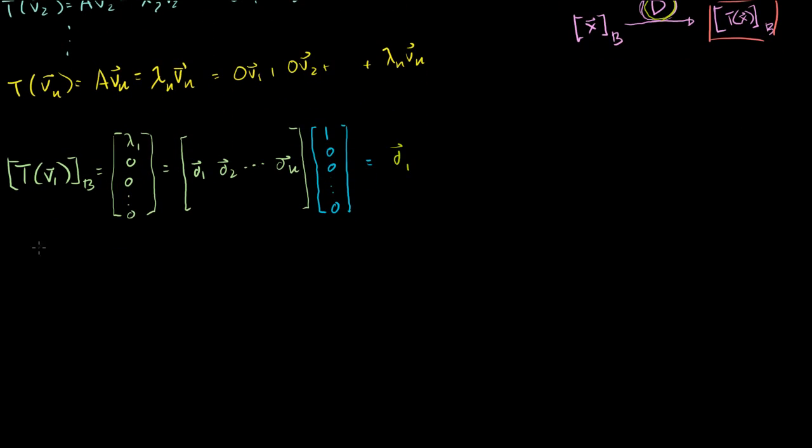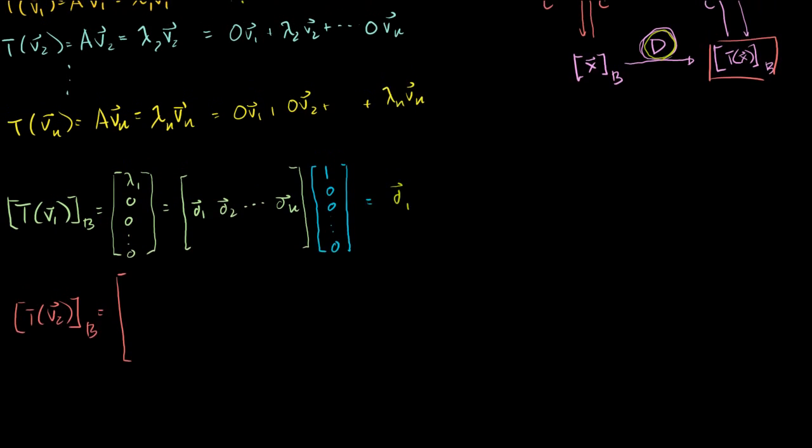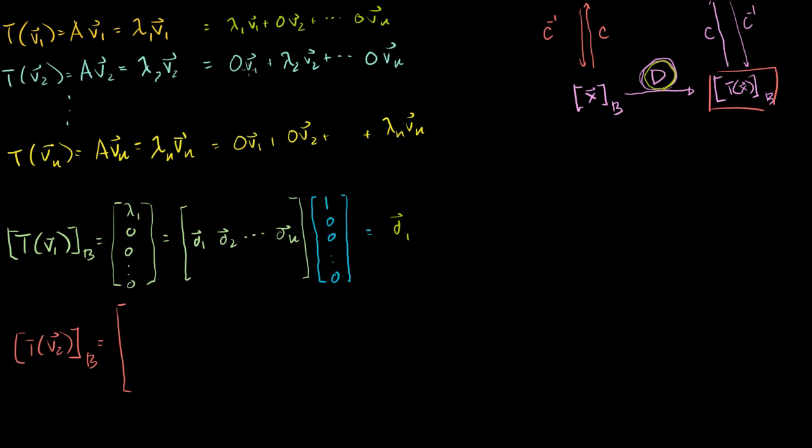The transformation of v2 with respect to our new basis is going to be equal to, well, we know what the transformation of v2 is. It's 0 times v1 plus lambda 2 times v2, and then plus 0 times everything else.